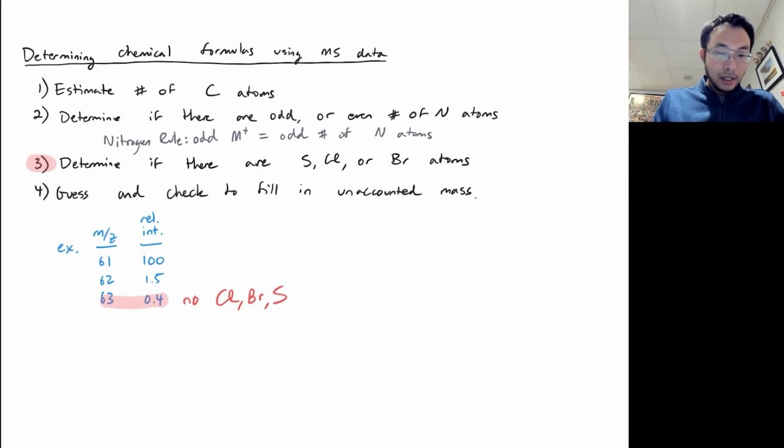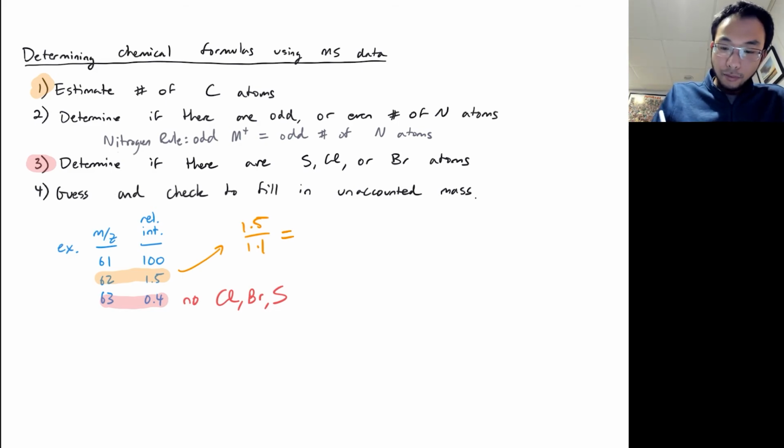Then I'm also going to look at the M+1 signal and do my estimate of the number of carbon atoms. So I take that 1.5, and because this is already set to 100 here, I can do my math really easily. I can just take this and do 1.5 divided by 1.1, the 1.1 coming from the carbon 13 to carbon 12 ratio. If I do that, I get 1.36 carbon atoms.